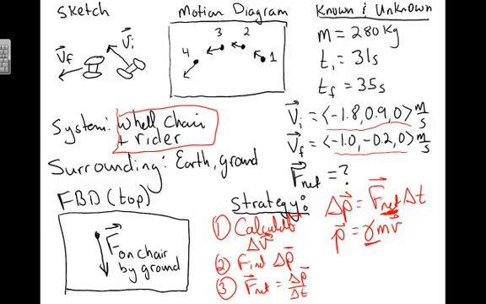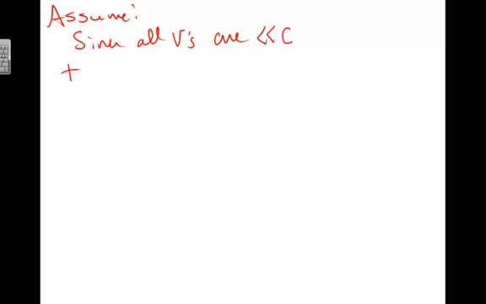And so on the next page, let me write down a simplifying assumption. I'm going to assume that since all the velocities, all the v's, are much, much less, that's what these two less than signs mean, much, much less than c, then gamma is approximately 1, which means that p is approximately mv.